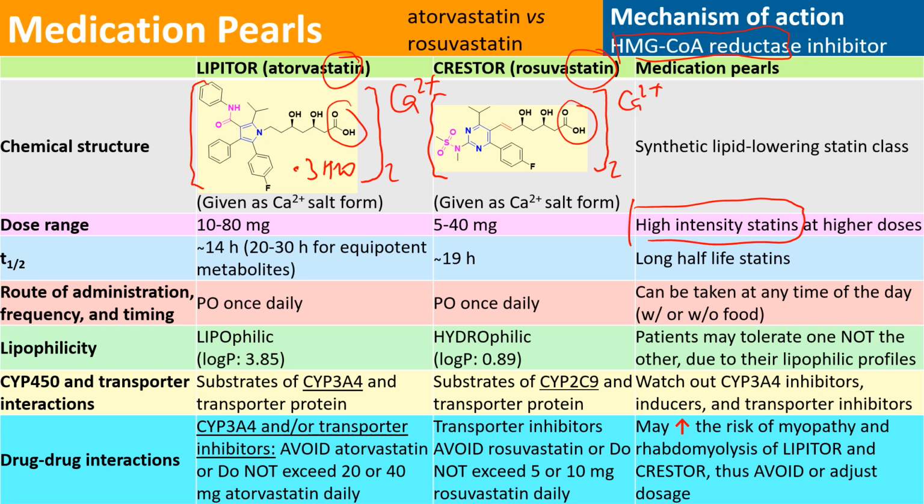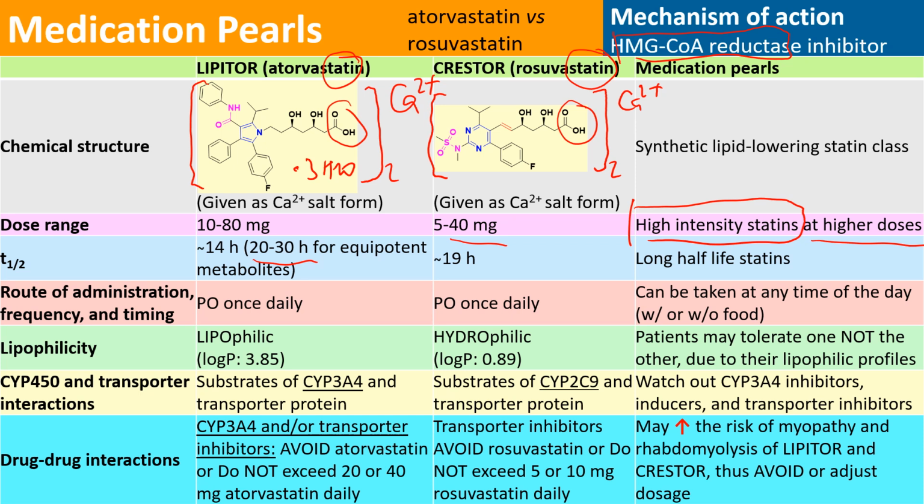For example, at 40 milligrams and above for atorvastatin, the LDL reduction would be more than 45%. So when taken at higher doses, Lipitor 40 milligrams and above, rosuvastatin 20 milligrams and above, they are high-intensity statins.